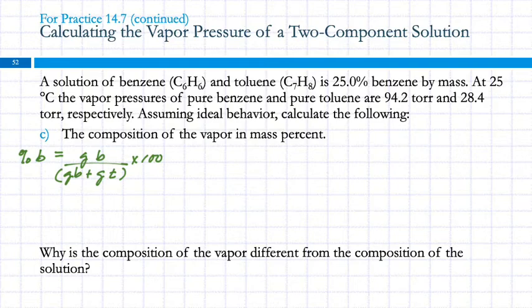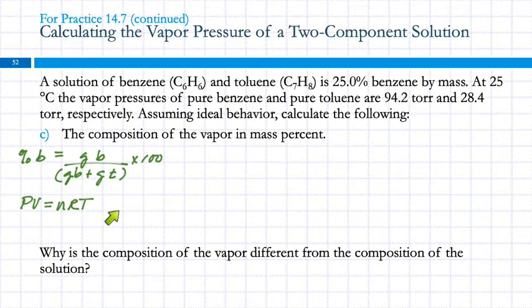What's the relationship between the moles or the mass of a gas and its vapor pressure? How about PV equals nRT? I know the partial pressure of the benzene.